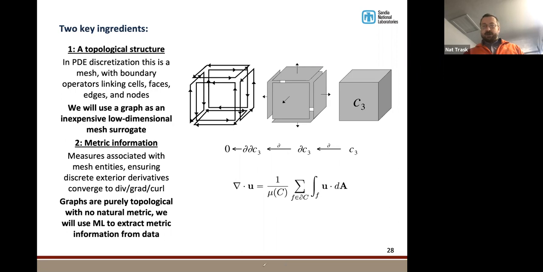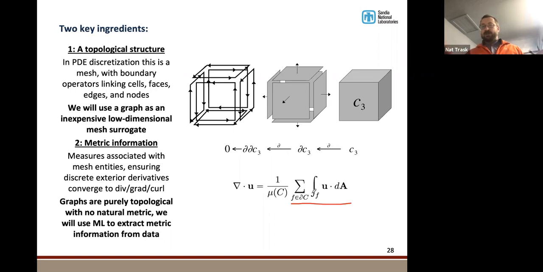Just to make this concrete, if any of you have ever worked with a finite volume scheme, you'll have something which is a sum over, given a cell C, you sum over the faces F that surround that cell, and you just add up all of the fluxes surrounding that. So this is what I mean by a topological structure, right? It's just about connectivity.